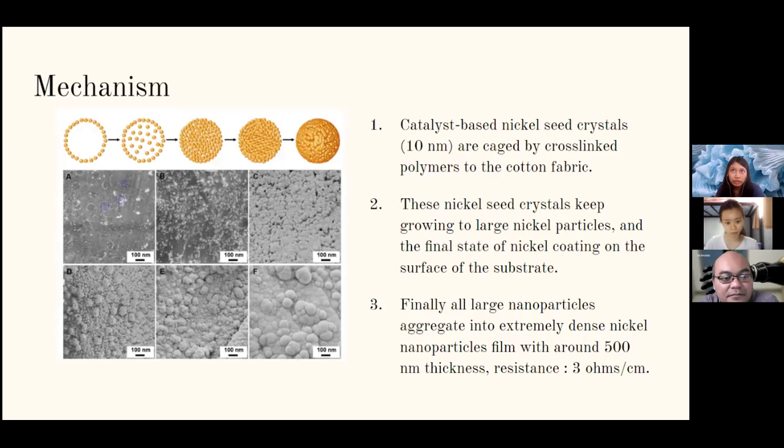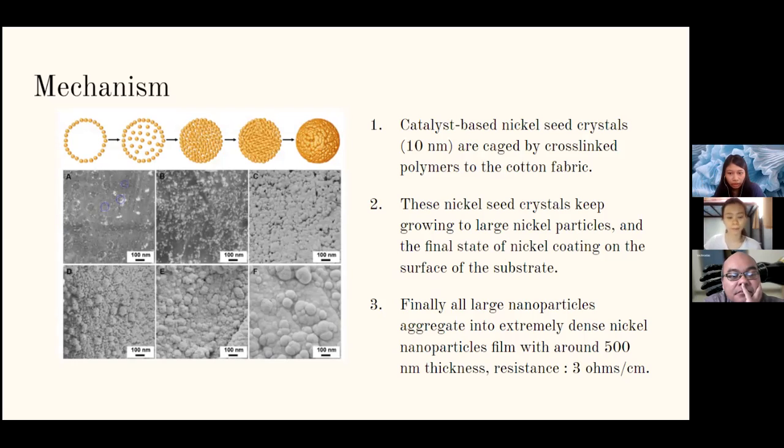So they combine, the nickel keeps growing, and finally all the large nanoparticles aggregate into an extremely dense nickel nanoparticle film with around 500 nanometer thickness and a resistance of 3 ohms per centimeter. Next.